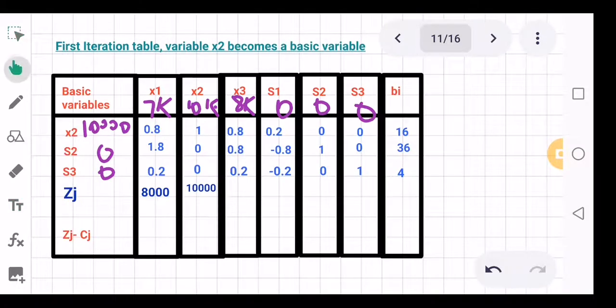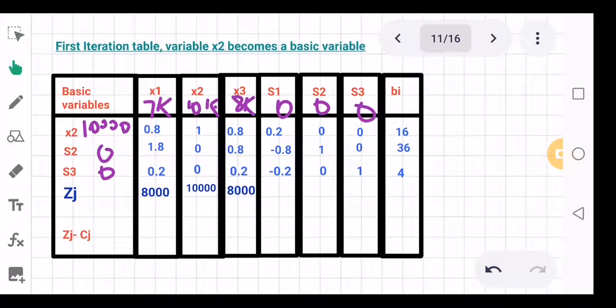Then the next value is 0.8 into 10,000, which is 8,000, plus 0 into 0.8, 0, plus 0 into 0.2, 0. So you are going to get 8,000 even here. Right? Similarly, you have to do for all these columns.